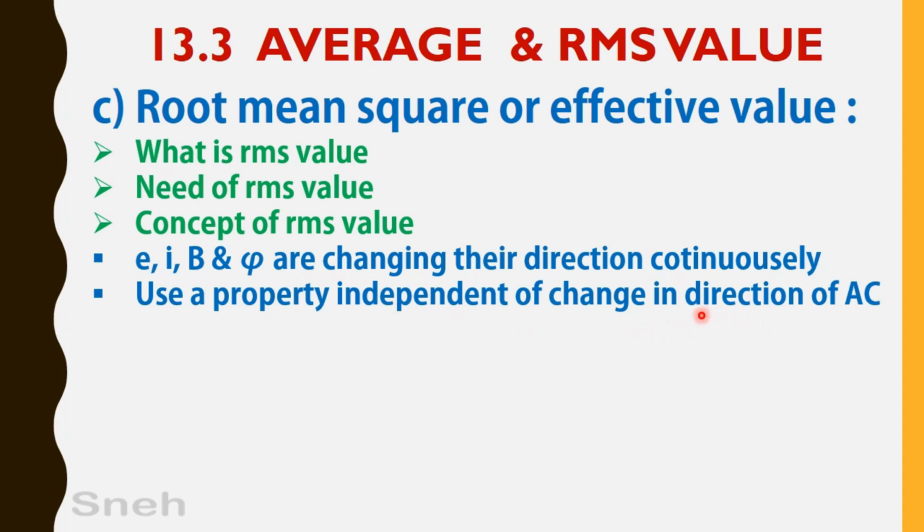As I know that in AC, all these quantities are changing their direction repeatedly. So now I want to search for such a property which is not changing its direction. I'll not say constant, that is a wrong thing, but it is not changing its direction.